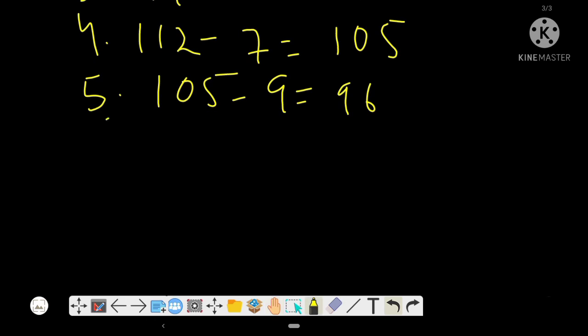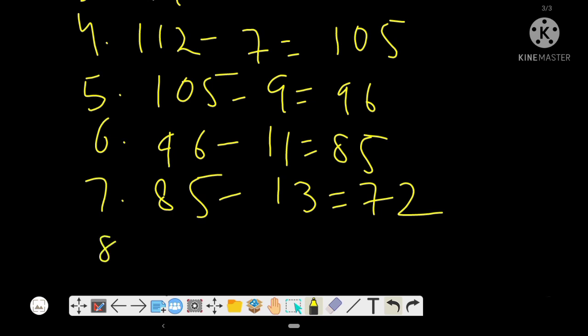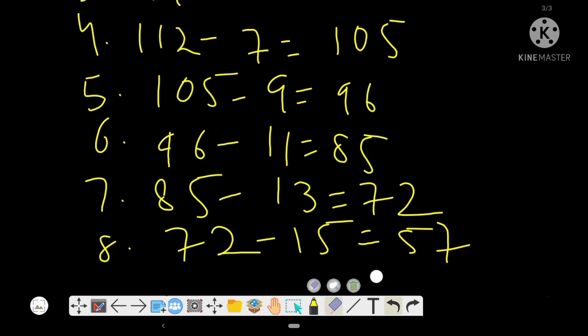Then the sixth step, 96 minus 11, 85. Seventh step, 85 minus 13, 72. Then 72 minus 15 leads to 57.